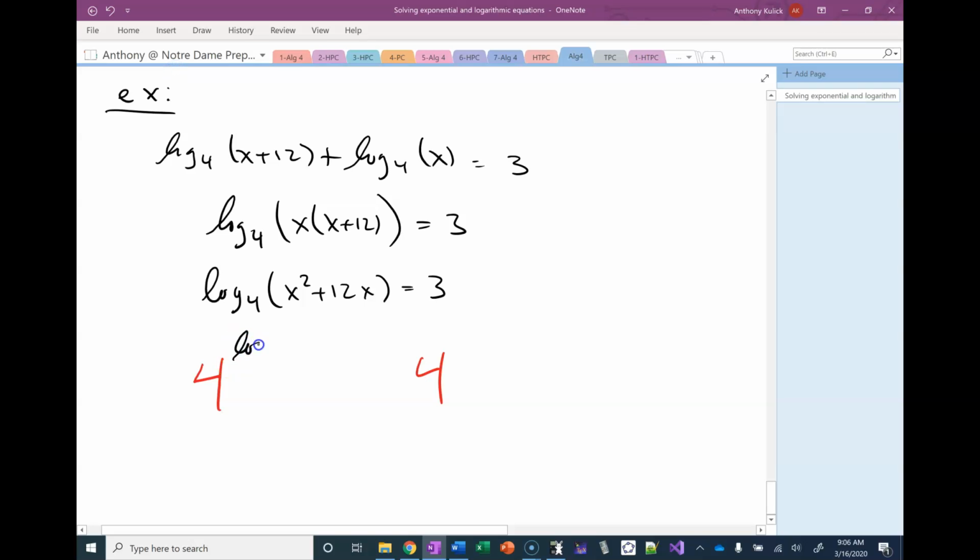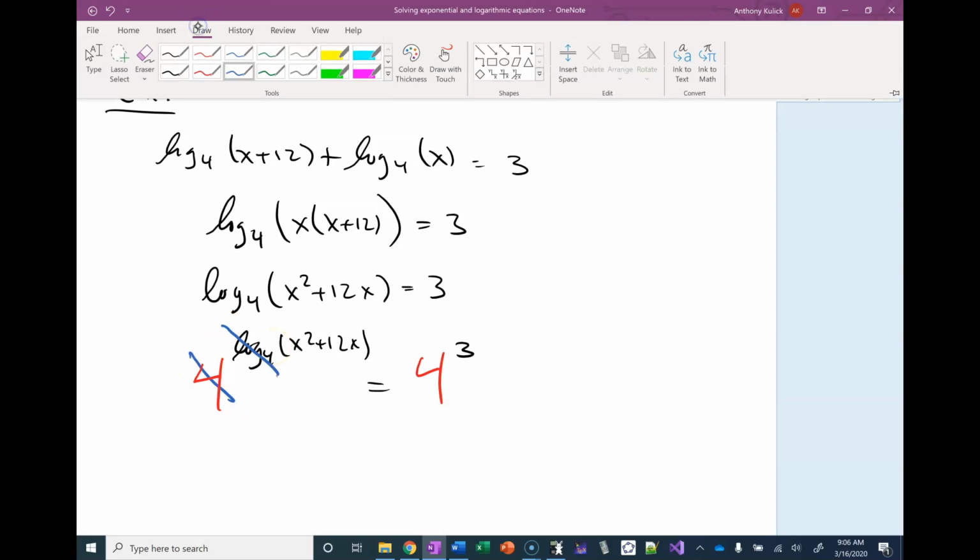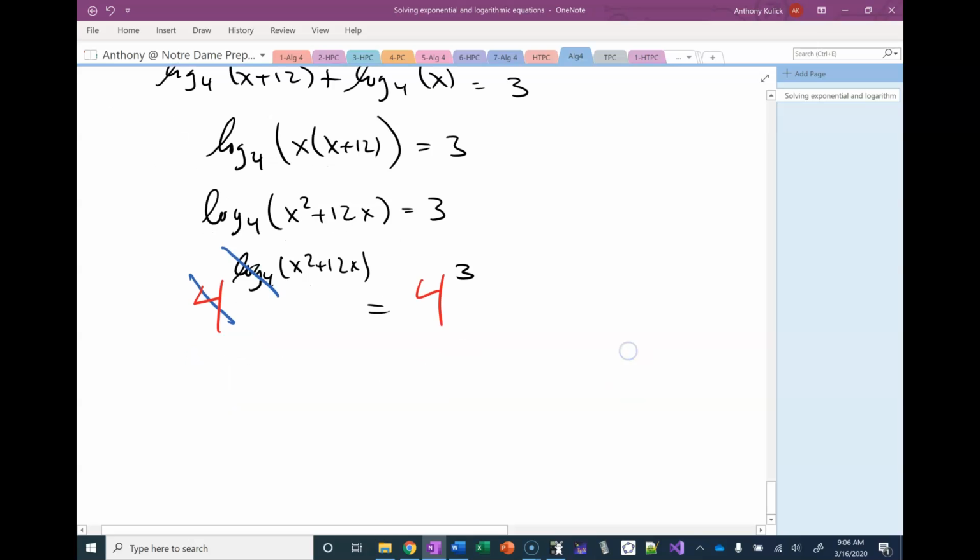And then my exponent is going to be log base 4 of x squared plus 12x equals 4 to the third. So log base 4 and exponent base 4 will cancel each other out, leaving me with x squared plus 12x equals, and then we did 4 to the third just a bit ago. I remember that was 64.